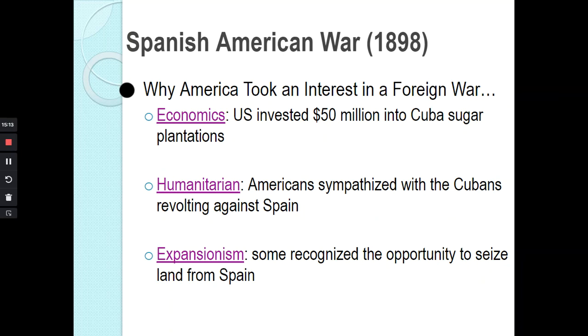And in some ways, we looked at it as almost 120 years earlier, similar to us rebelling against Britain. And so, yes, we supported Cuba and their revolt against Spain. And then third, expansionism, the idea of imperialism, to expand. We recognized the opportunity to take land from Spain, just like we did with Florida in 1819.